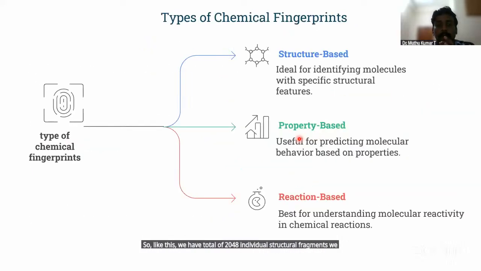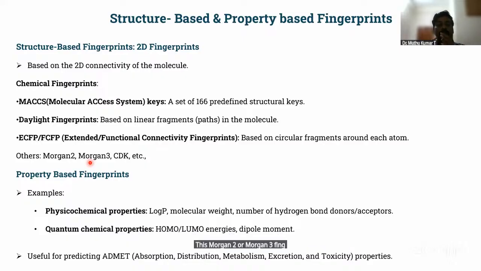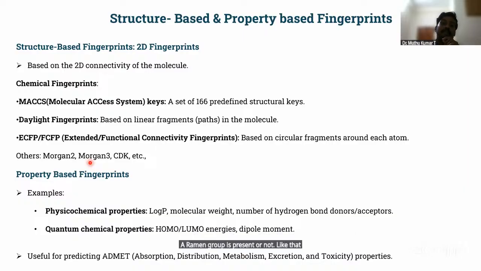So when we apply this Morgan 2 or Morgan 3 fingerprint, a chemical will be fragmented individually, and all those 2048 properties are checked. So maybe one of the properties is whether an oxygen group is present or not, or carboxyl group is present or not, or amine group is present or not. Like that, we have 2048 properties.